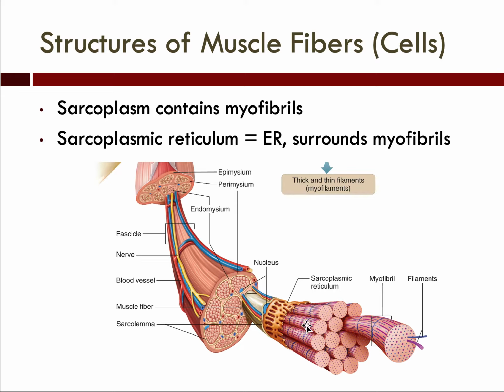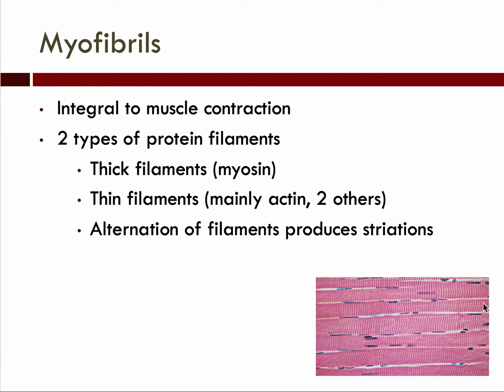So here, again, this big bundle is one muscle fiber, and each of these bundles here are myofibrils. You do have the sarcoplasmic reticulum that goes around here. You can see it's like a tubey network that goes all the way around, right underneath the sarcolemma, and then you have myofibrils that are within the cell.